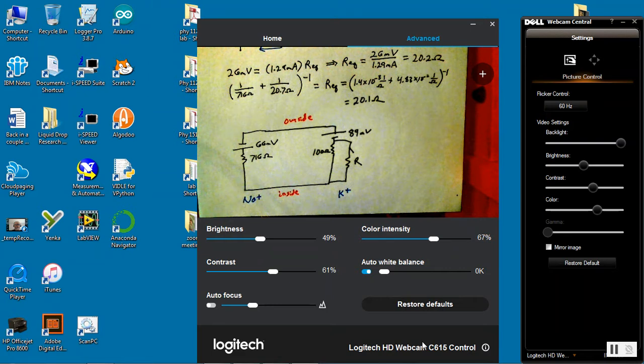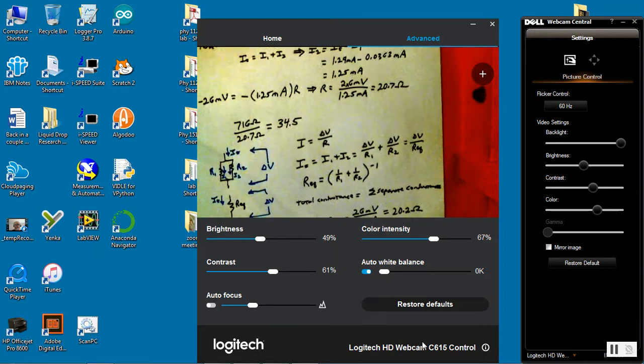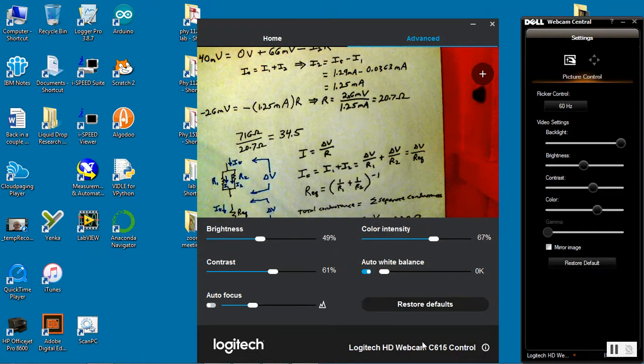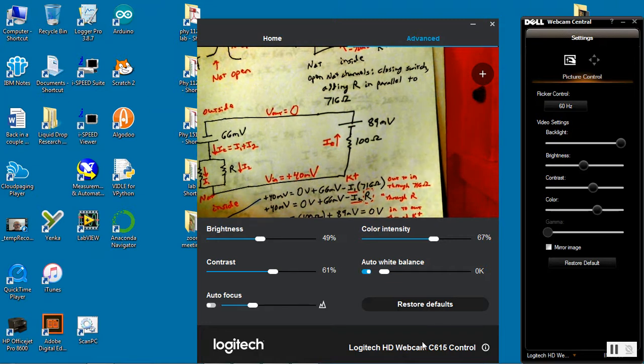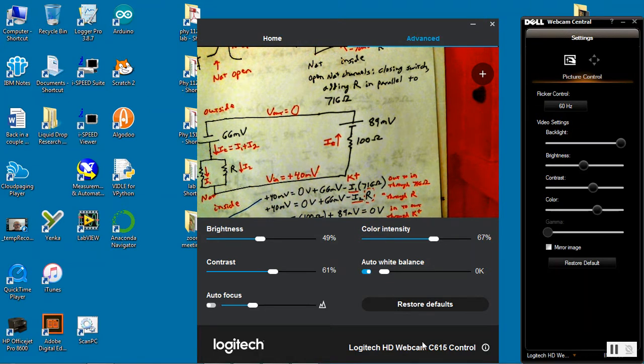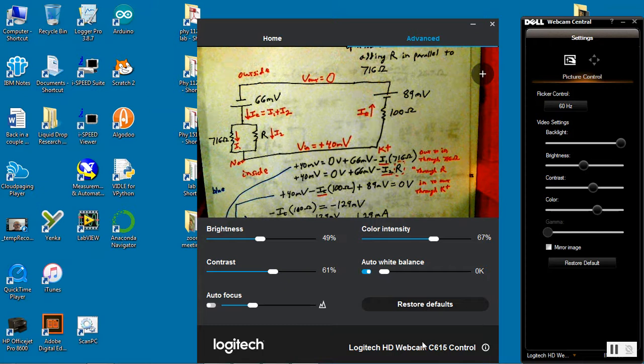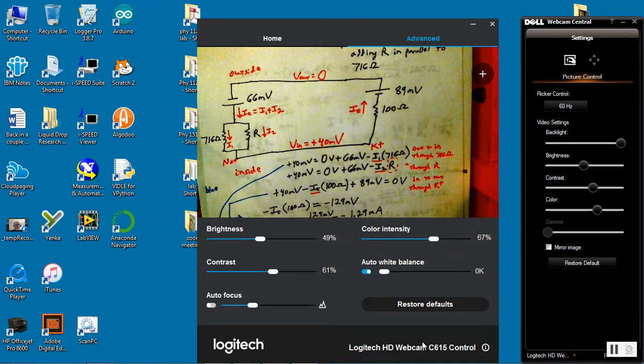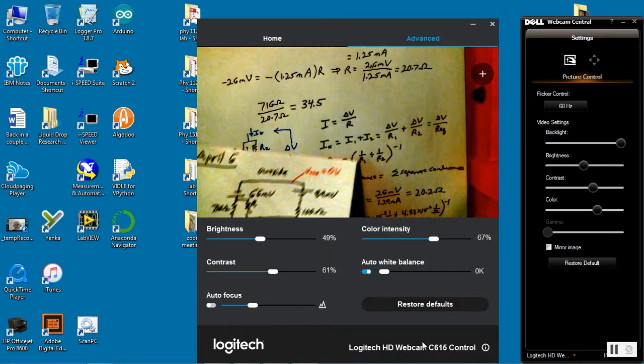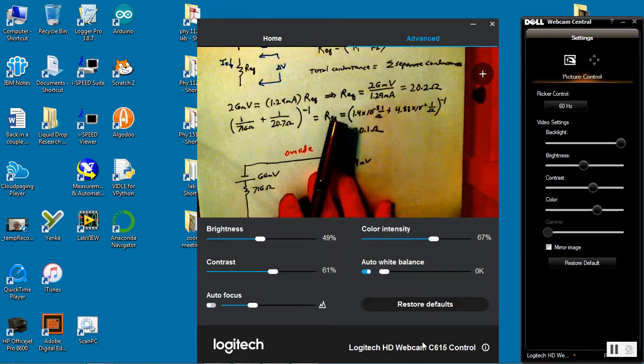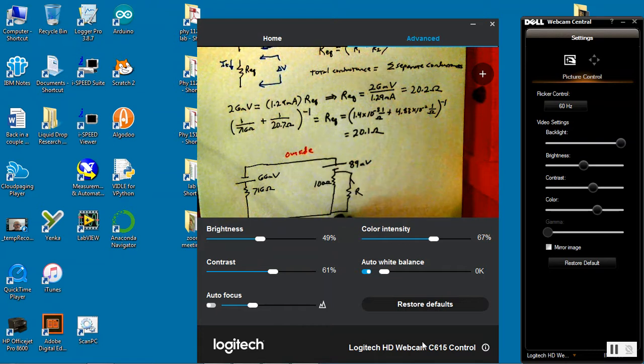Yes, it's a little complicated. There are a lot of steps. But try to break it down and take it piece by piece. You have a total current coming through here. You have separate currents coming through here and here.